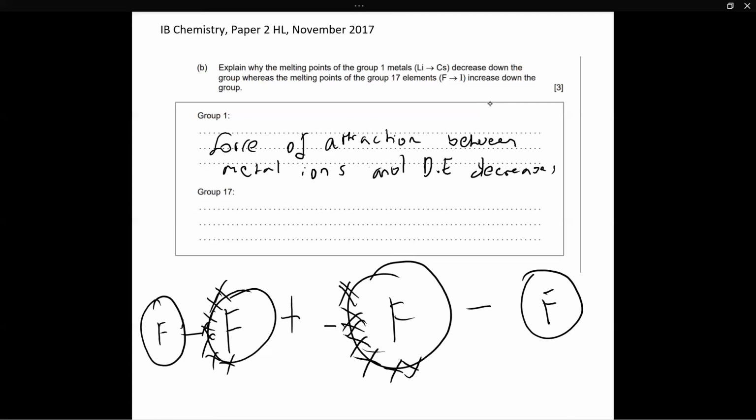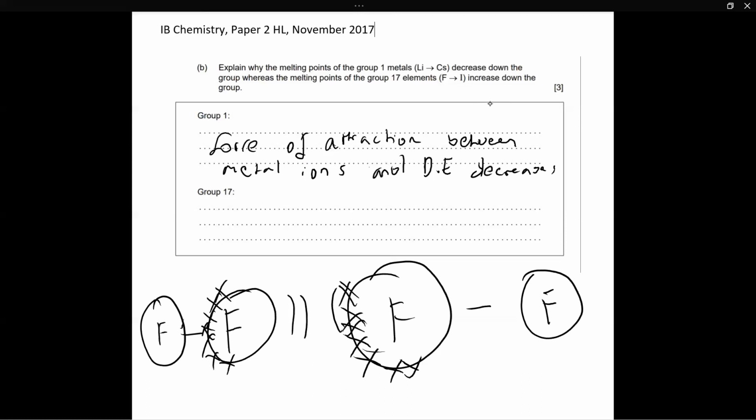We know that positive and negative attract each other. So because of this temporary arrangement of electrons, we see a force of attraction occurring between these two molecules of fluorine.